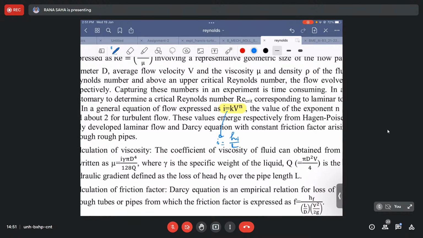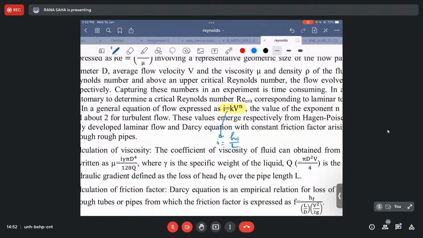So if we can make a situation where the fluid flow is laminar, then transition, and then turbulent, and you can measure or evaluate the head loss over the length L and the velocity, thereby you can check this relationship for laminar as well as for turbulent. Laminar flow has linear characteristics, so this relation is expected to be linear.